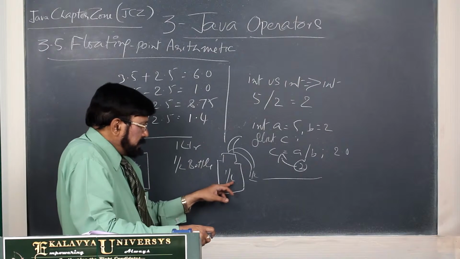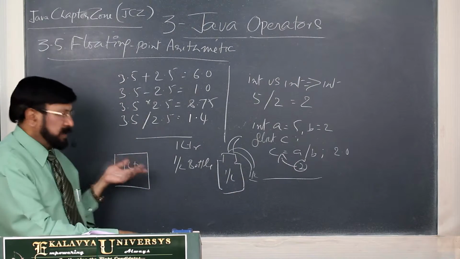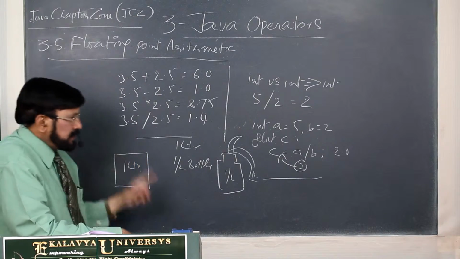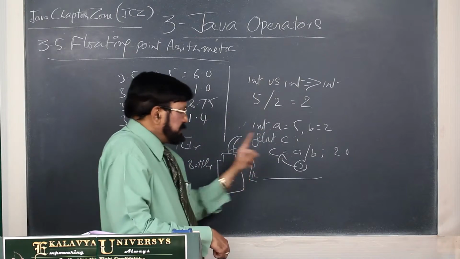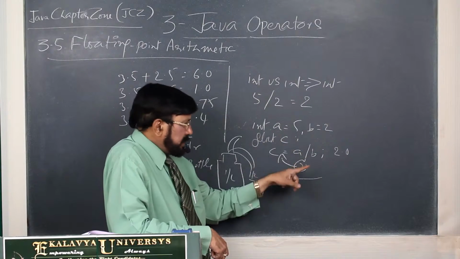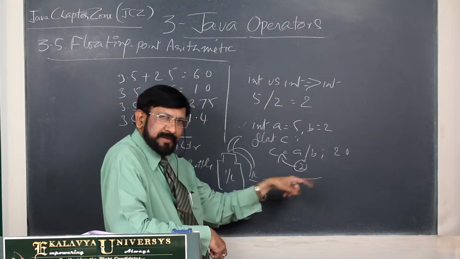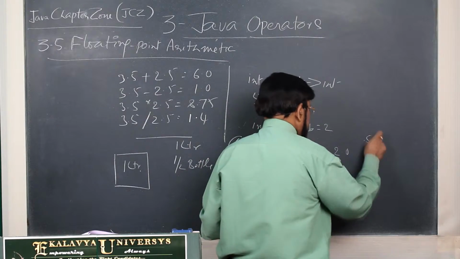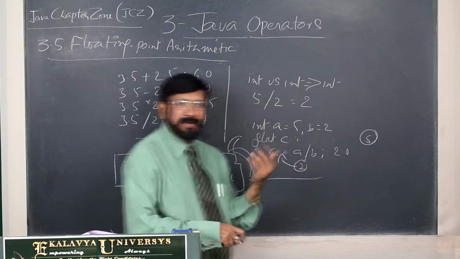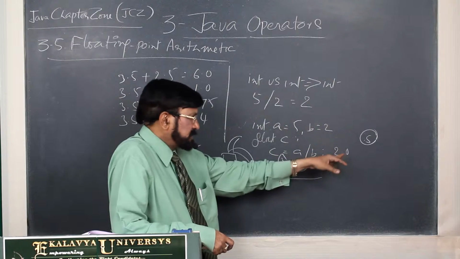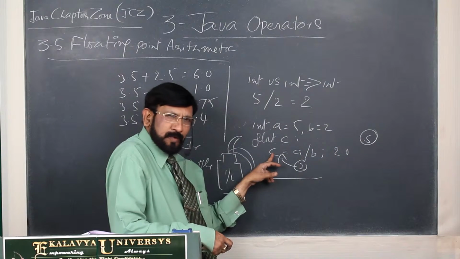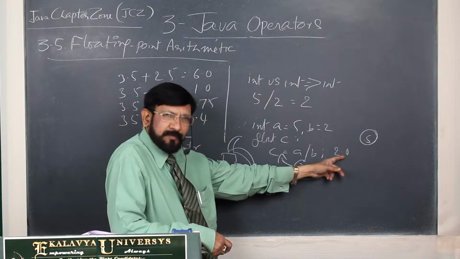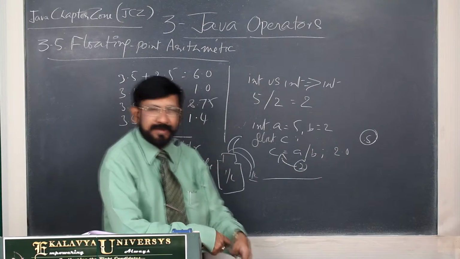Then, if you pour it in a 1 liter or 5 liter or 10 liter vessel, the result will not be different. Here, the same case: in integer division, damage occurred, 0.5 is truncated. How can you recover it? It is lost. Then simply you are putting it in float. That's why you get the format 2.0.